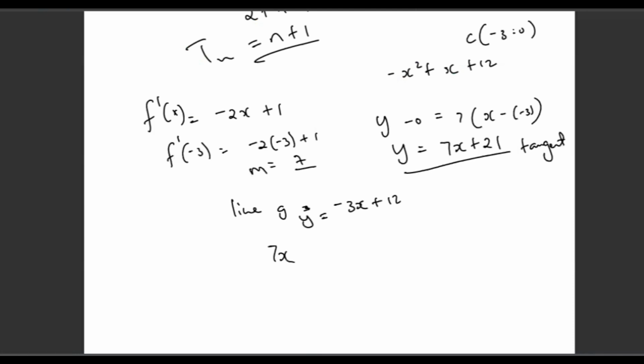Okay, so I'll say 7x plus 21 should be equivalent to -3x plus 12. Let's transpose and collect like terms. That's going to be 10x is equal to, what's 21 minus 12?